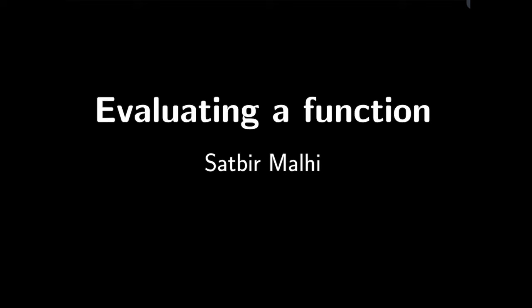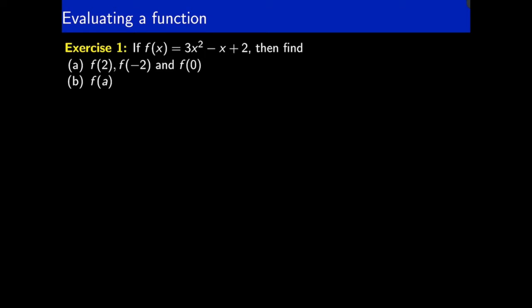The topic of our discussion in this video tutorial is evaluating a function. So in our first example, our function is f of x is equal to 3x squared minus x plus 2.